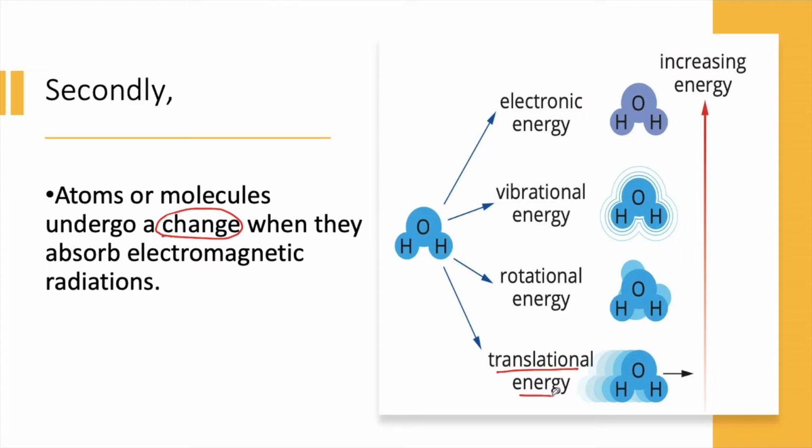It means on interaction, the molecule can either translate to and fro, or because it has rotational energy within itself, it can start rotating, or it can start vibrating, or it can show electronic level transitions. What type of change the particle will undergo depends upon what type of electromagnetic radiation it is absorbing during the interaction.